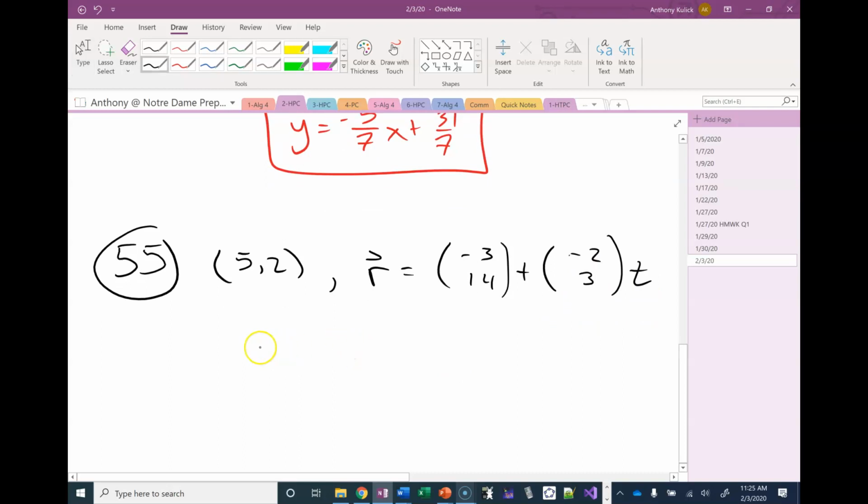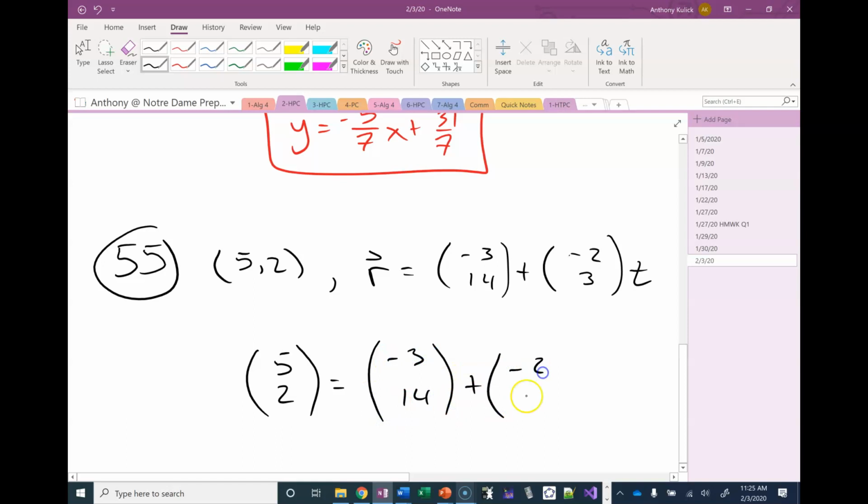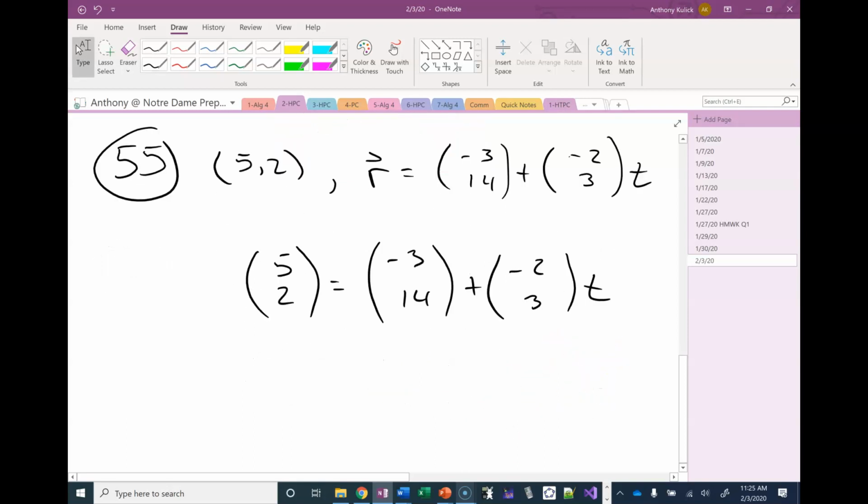So 5, 2 is a point, but it could also represent a vector output to this vector line equation. So what I'm going to do is think about this as the vector 5, 2 equals negative 3 plus negative 2t, and then 14 plus 3t.